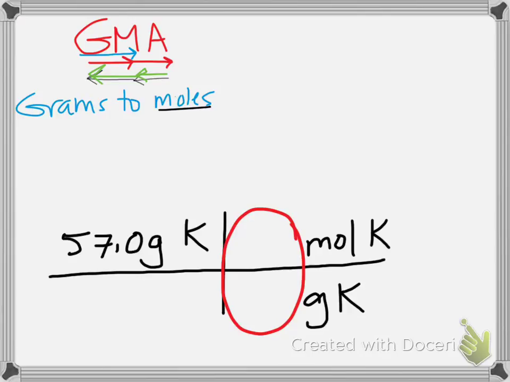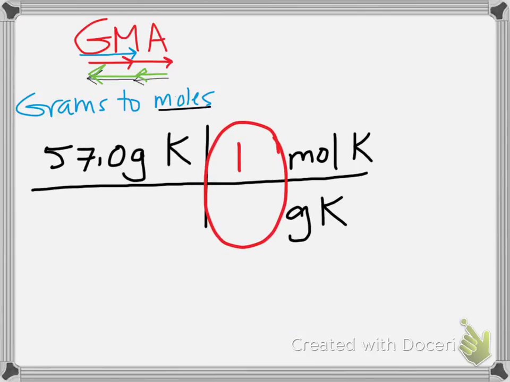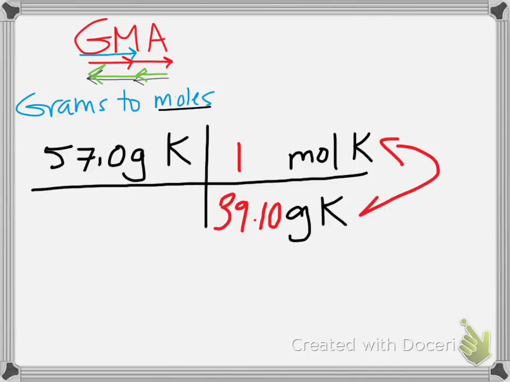All right. 1 mole of potassium is going to equal how many grams of potassium? Where are you going to get that number? What we are saying here is that this is equal to this. 1 mole of potassium equals 39.10 grams of potassium. So now it's just a factor label that we walk through.